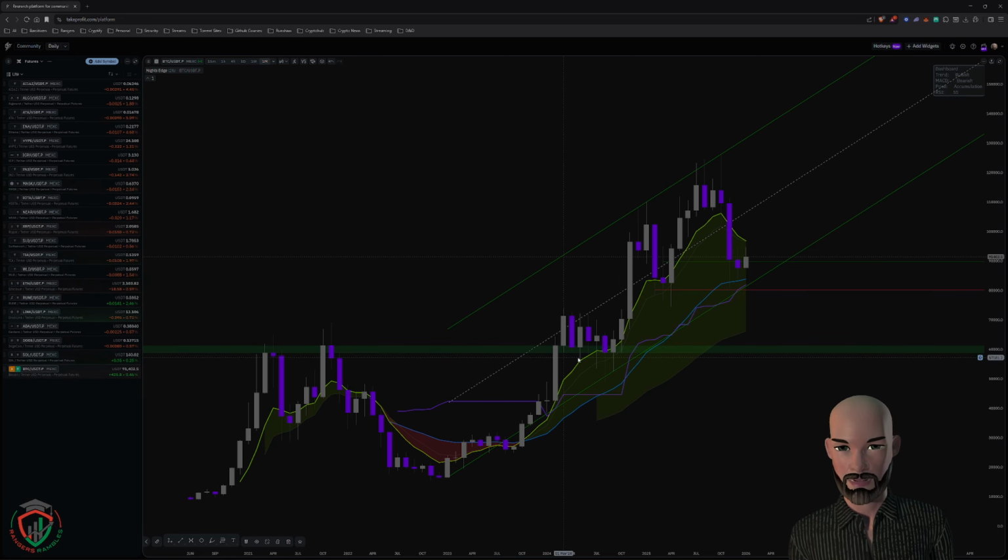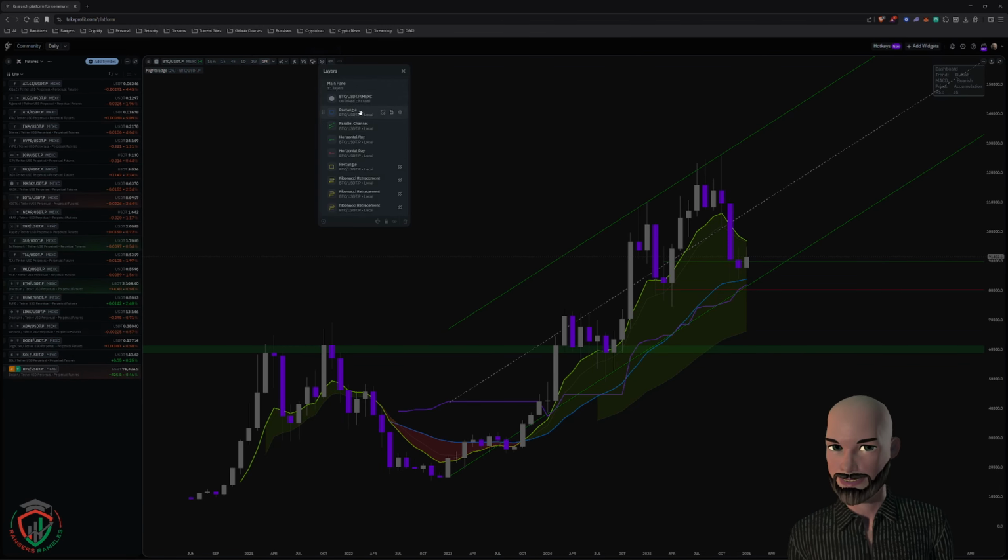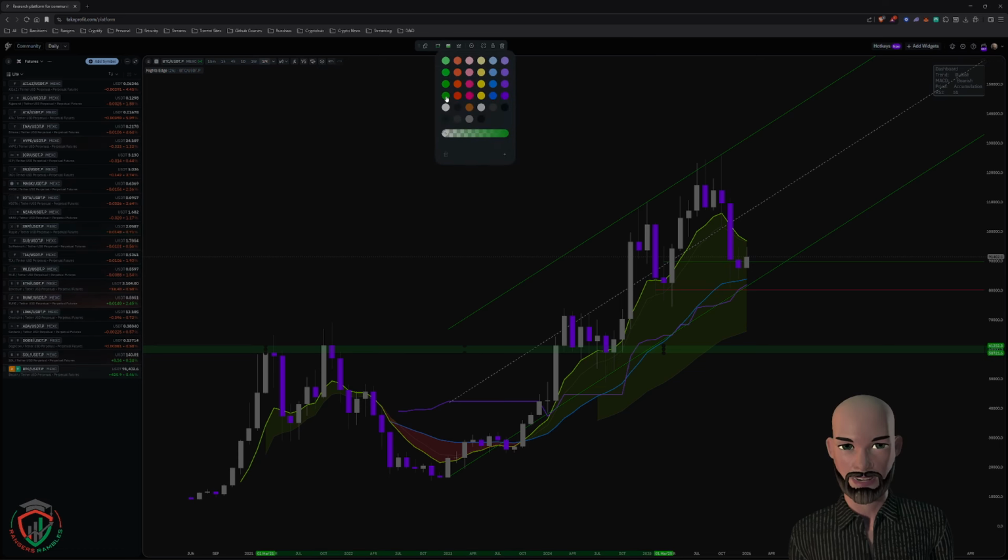Now, if I click on it, you can do this with TradingView, by the way. Oh, no, I can't actually. Now I can't actually reselect it. If I come up here to the layers, I can. There we go. Let's change that to green as well.